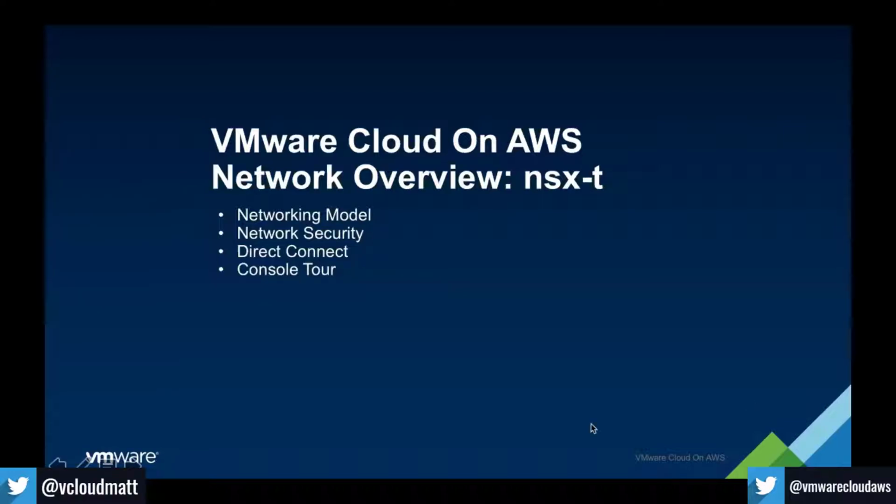All right, so the topics we're going to cover today, we'll discuss the networking model. This is going to be similar to a discussion I have on the NSX-V side. So we'll show how the SDDC is laid out as it relates to the Amazon environment and the on-prem environment. Talk about network security, since that's one of the new features in NSX-T and how it's a bit different than what we've currently had with NSX-V. And then we'll talk about Direct Connect.